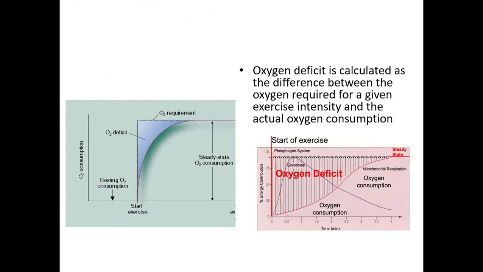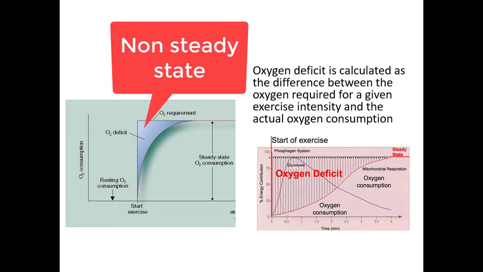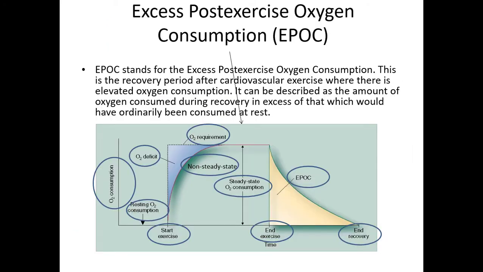Oxygen deficit is calculated as the difference between the oxygen required for a given exercise intensity and the actual oxygen consumption. But the term oxygen deficit should be updated. So I would like to call this term a non-steady state condition.